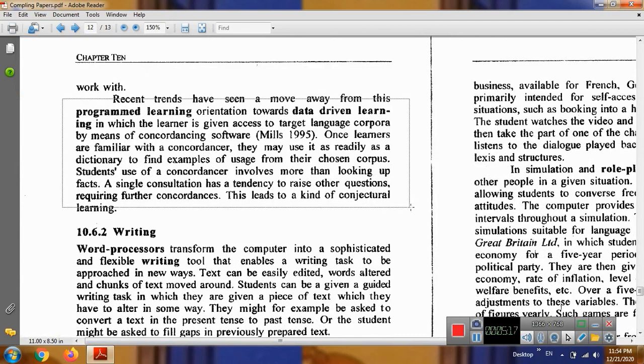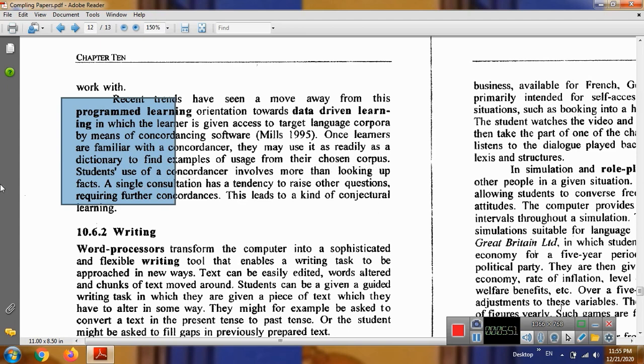work with. Recent trends have seen a move away from this programmed learning orientation towards data-driven learning, in which the learner is given access to target language corpora by means of concordancing software. Once learners are familiar with a concordancer, they may use it as readily as a dictionary to find examples of usage from their chosen corpus.